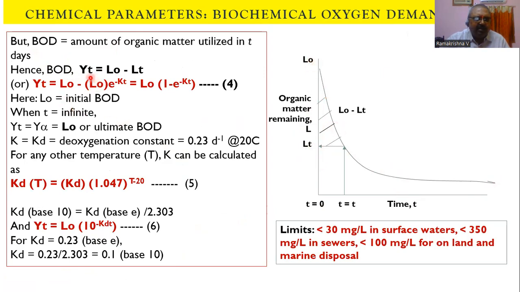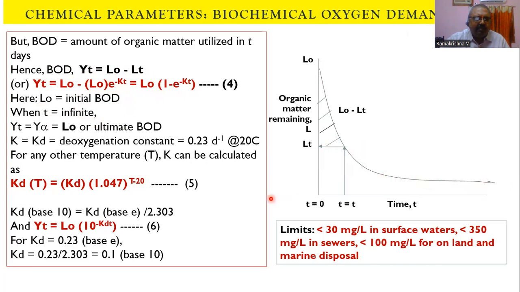So we represent BOD as Yt, where t stands for the time period. Yt is equal to L naught minus Lt, so L naught minus L naught into e to the power of minus KT. L naught is separated out: 1 minus e to the power of minus KT, where L naught is the initial BOD. And if I say t is infinite, suppose infinite time, you can see it is never reaching here.